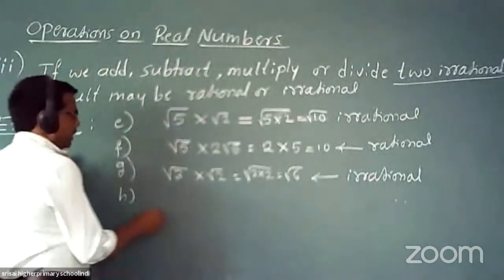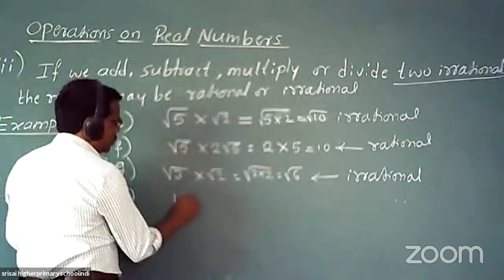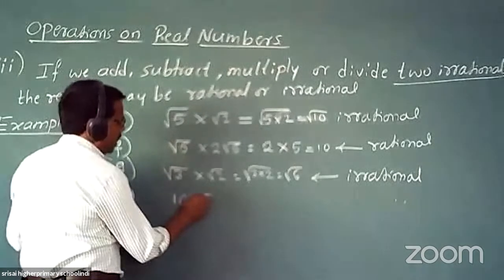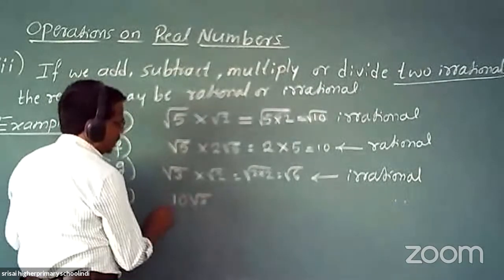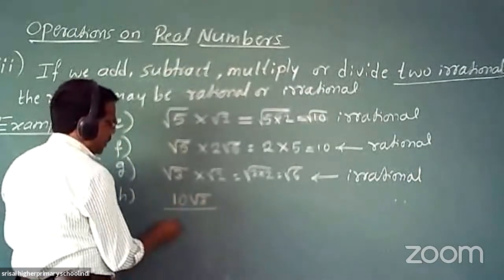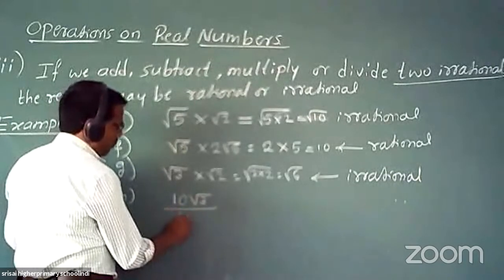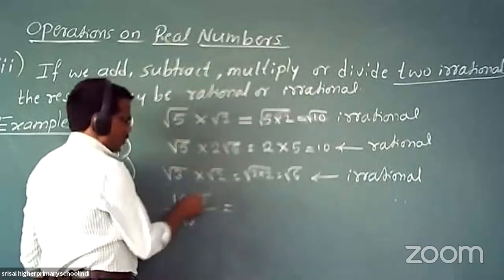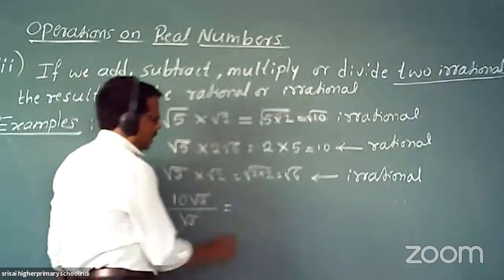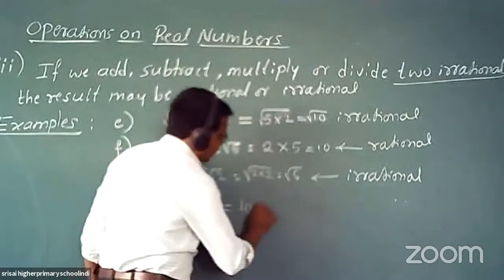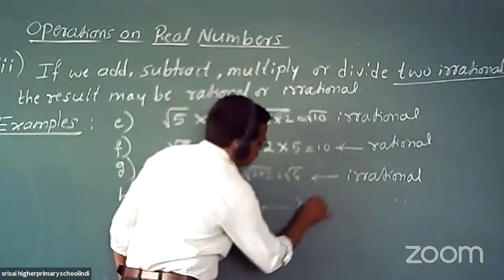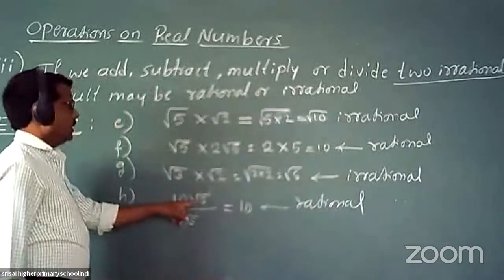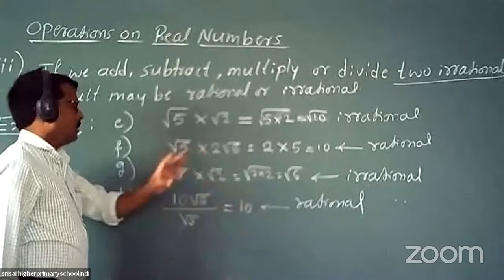Division. If I take 10 root 3 divided by square root of 3, the square root of 3 will cancel. Our result becomes 10. This is rational. When you divide irrational by irrational, the result became rational.